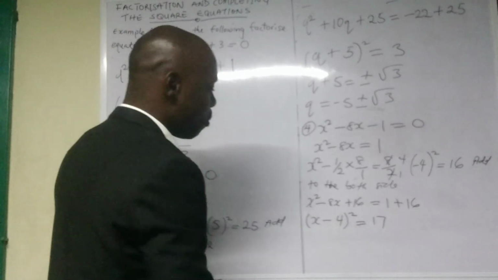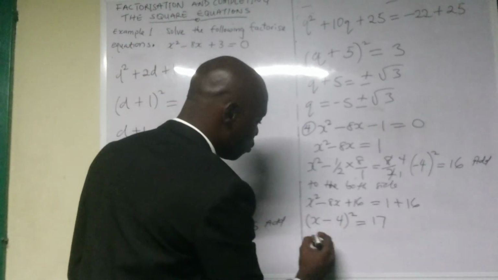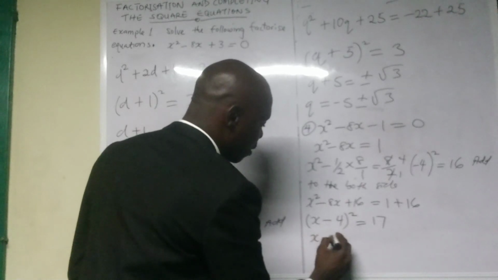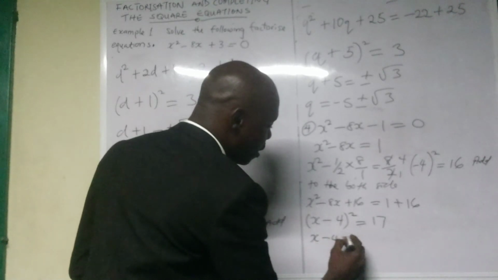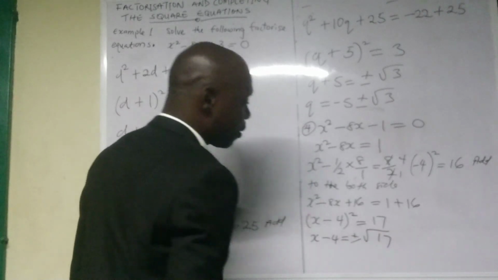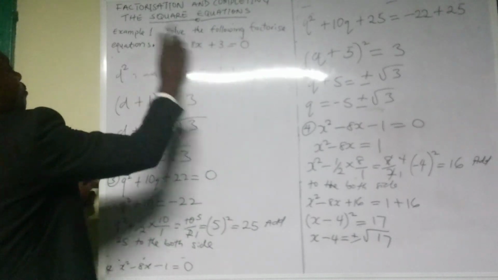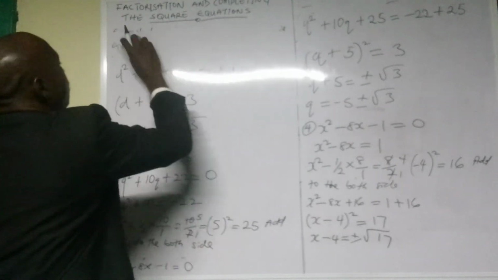So furthermore, we now pick this one. We transfer these two to this side. x minus 4 equals plus or minus root 17. Let me clear this side so that we can continue from here.